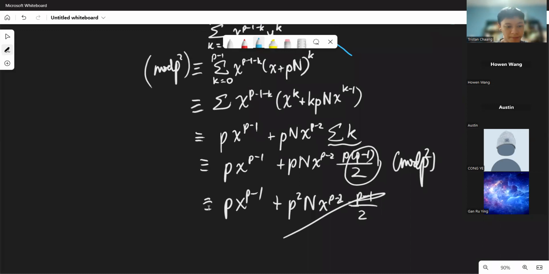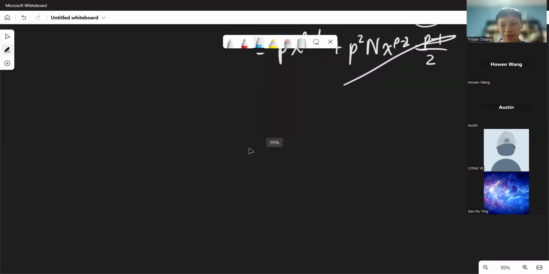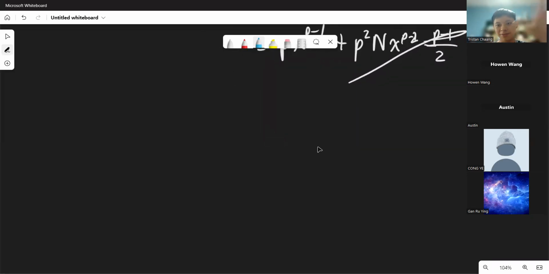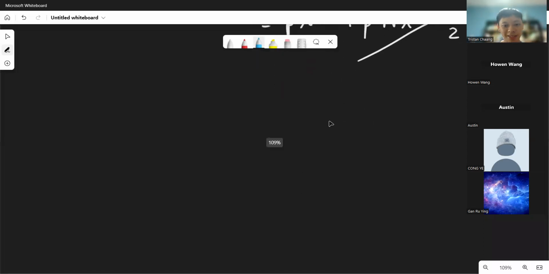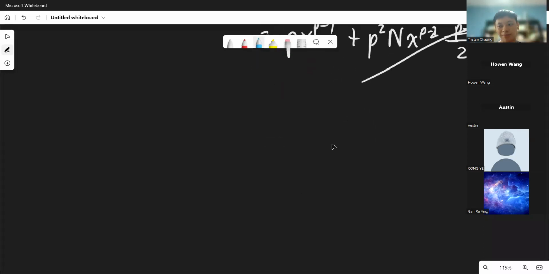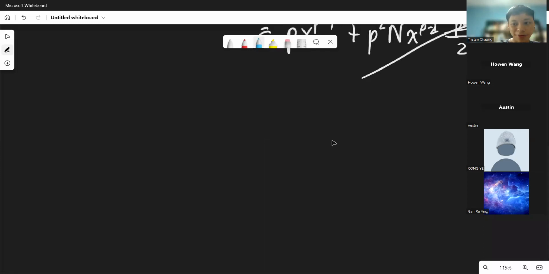In fact, the better way of dealing with LT for the p equals 2 case is to just derive it every time you want to use it, because it can be quite easy to memorize it wrongly.